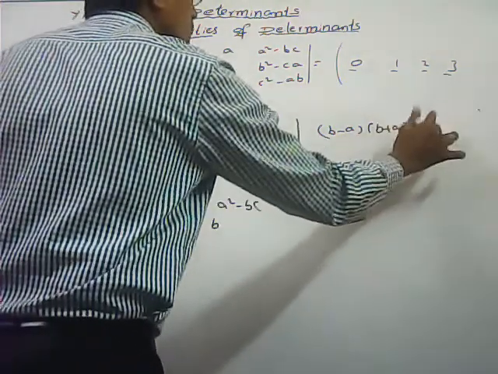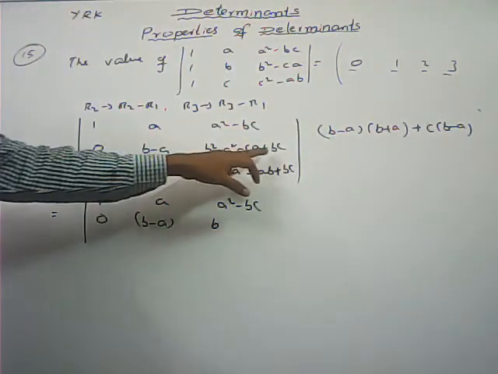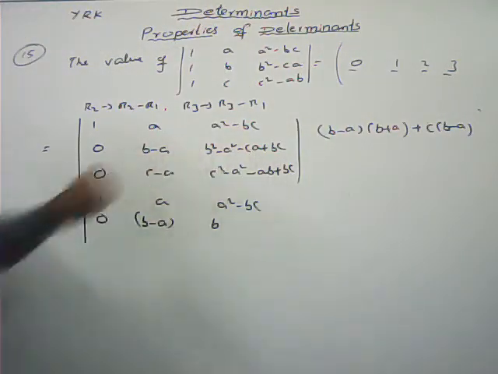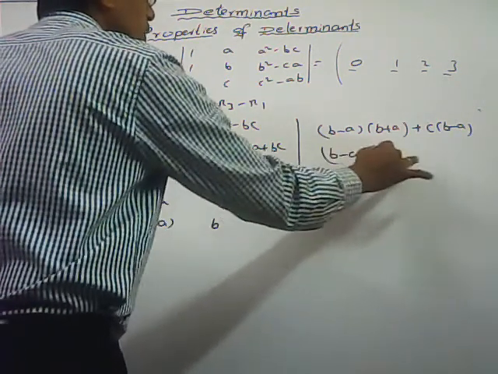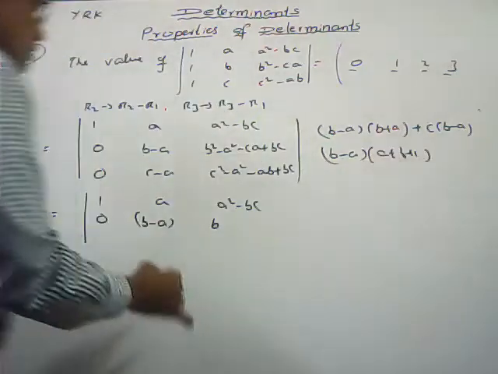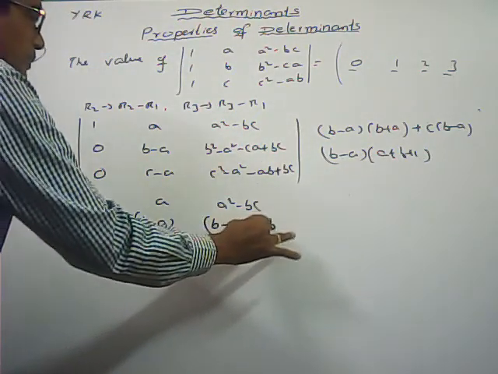If I take C common, you can get B minus A. So overall we can take B minus A as common, A plus B plus C. So here we get B minus A into A plus B plus C.